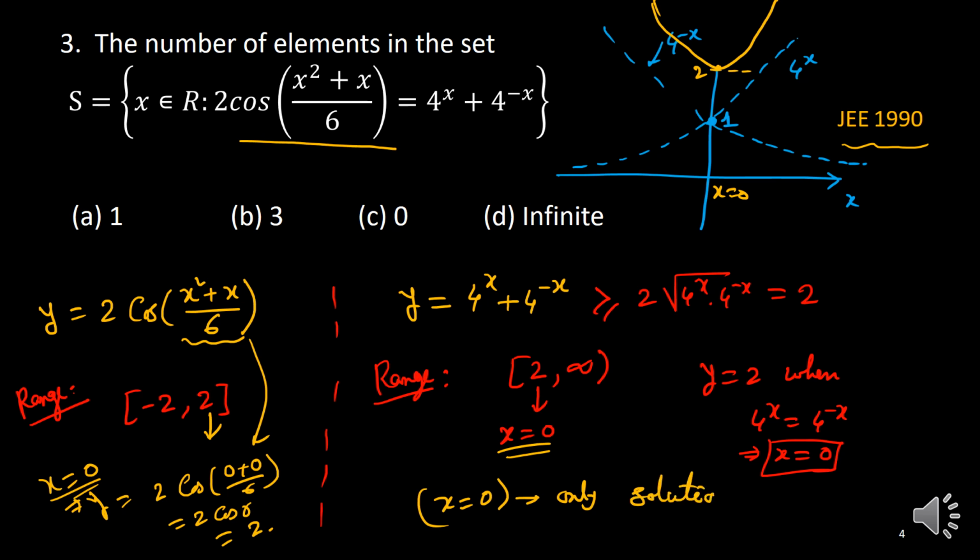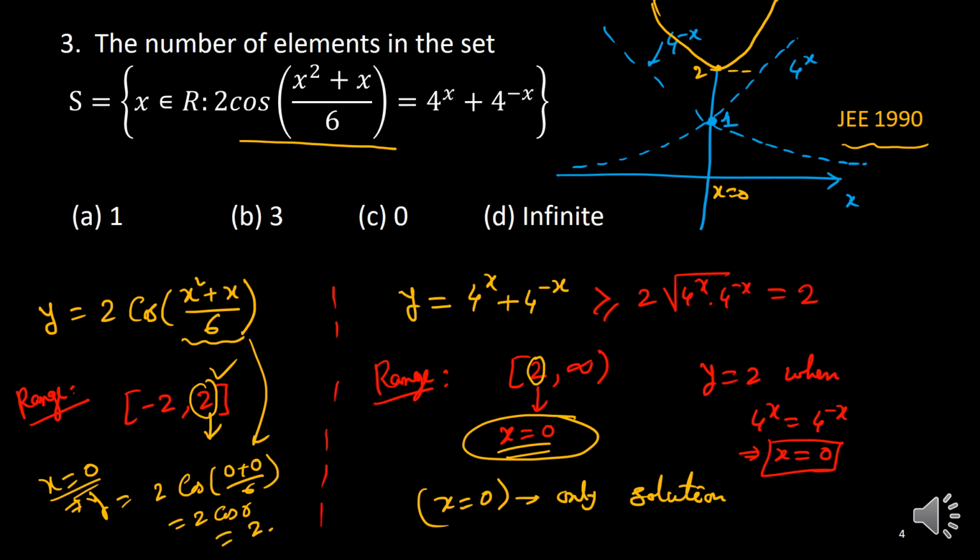Why? Because on the left hand side we can have multiple values of x for which we get 2, that is fine, but on the right hand side the value will be 2 only for x equal to 0, and only at one point they are the same, that is 2. Because it is less than 2 or more than 2, at 2 only they will meet.